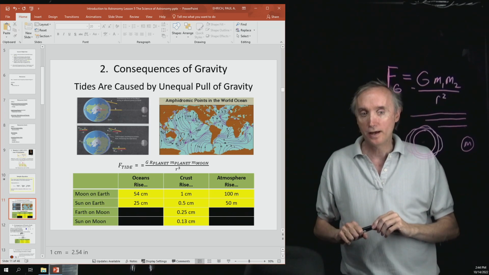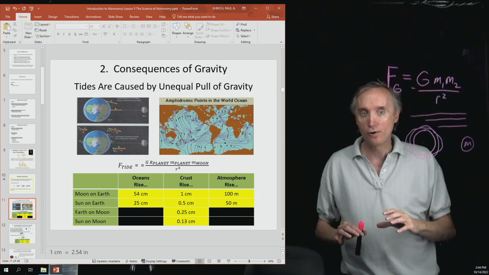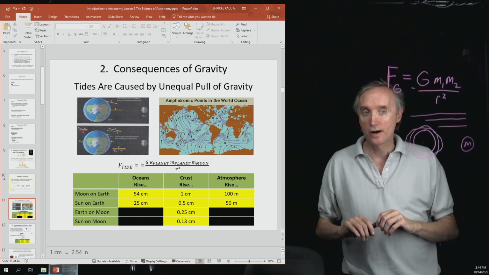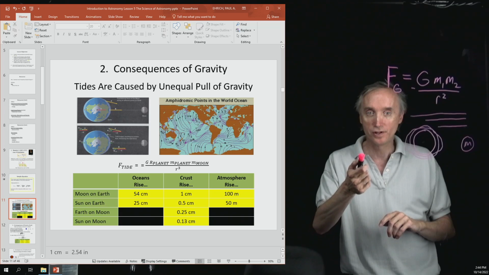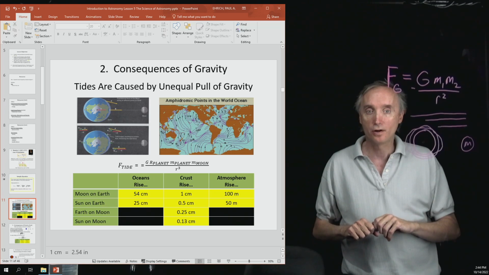So what really happens is that there are these mounds of water out in the middle of the ocean. In that picture, those are the dots where those lines are coming together.